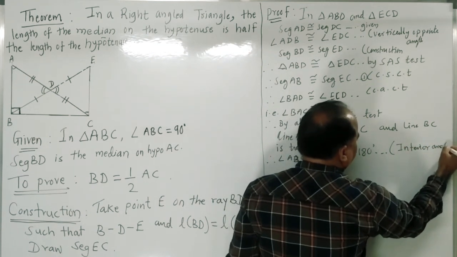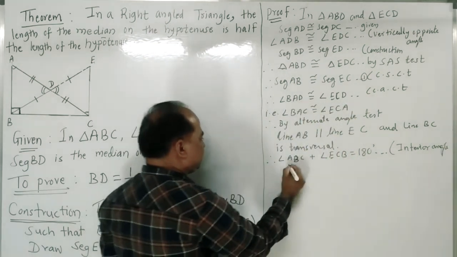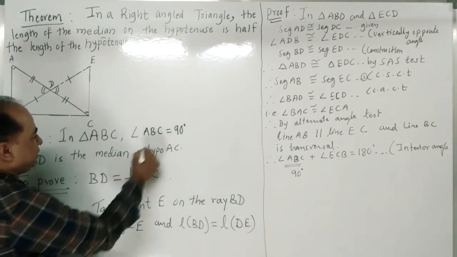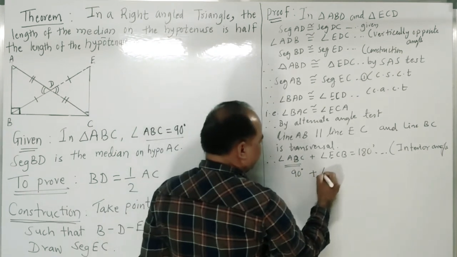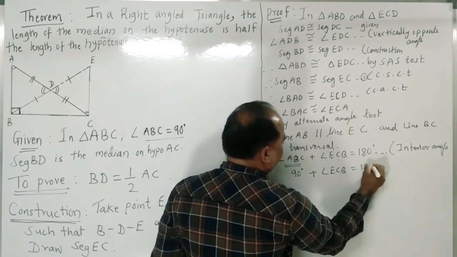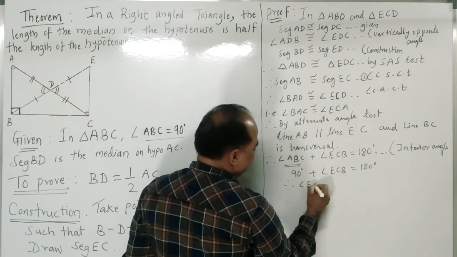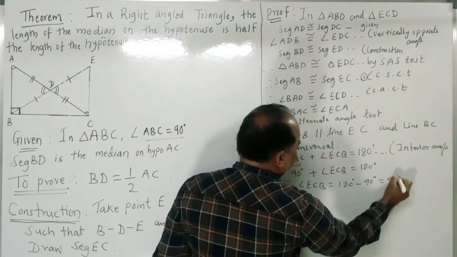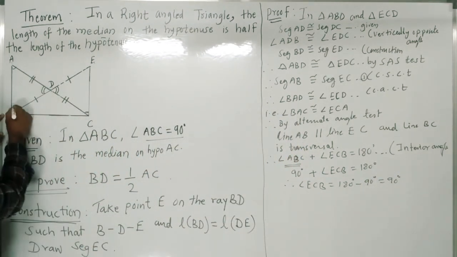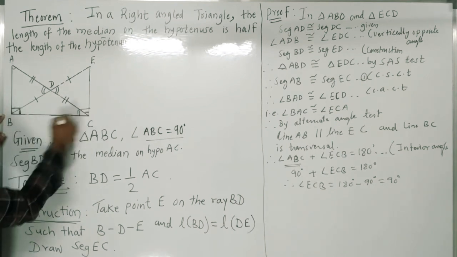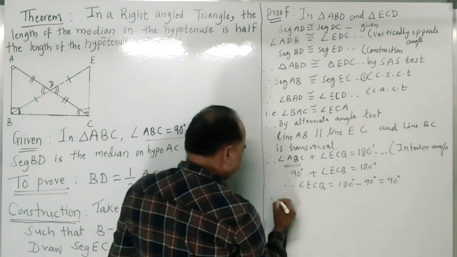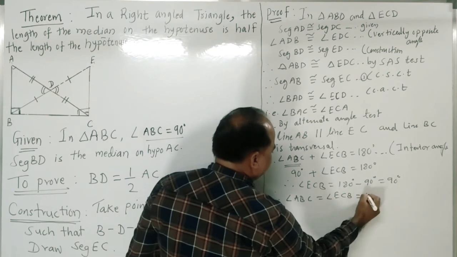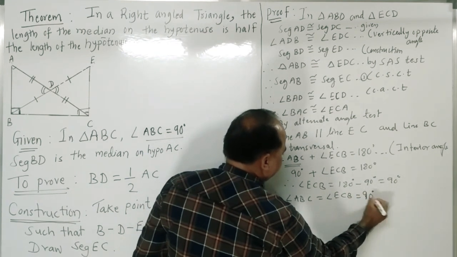But angle ABC is how much? 90 degrees, it is given. Therefore, angle ECB is equal to 180 degrees minus 90, which is also 90 degrees. Therefore, angle ABC is equal to angle ECB is equal to 90 degrees.